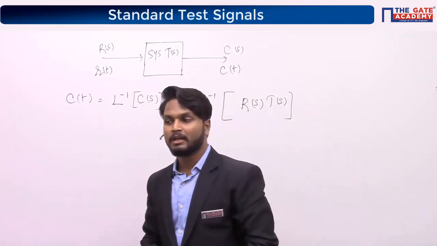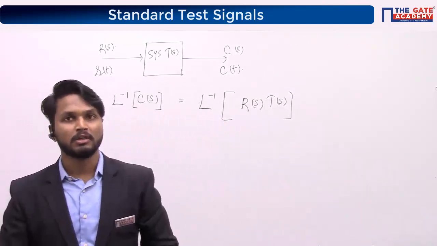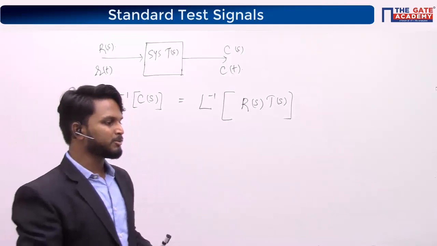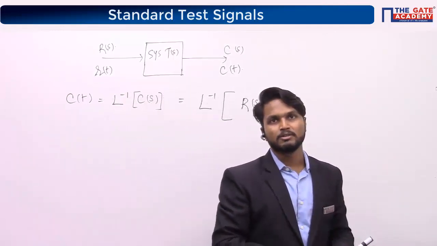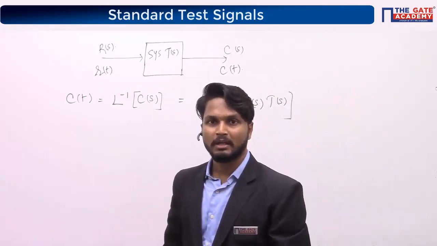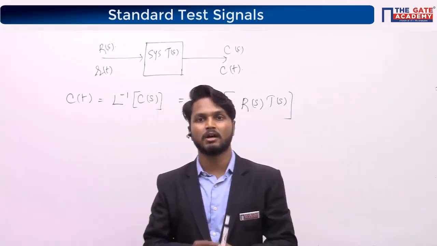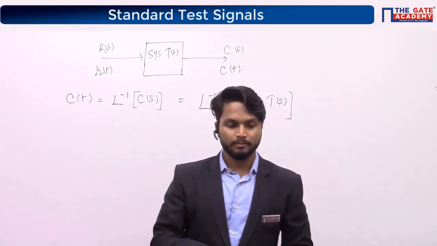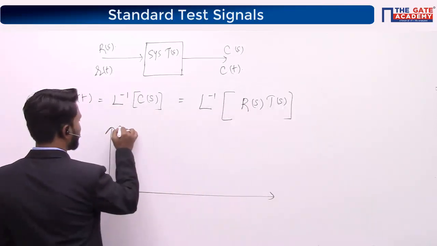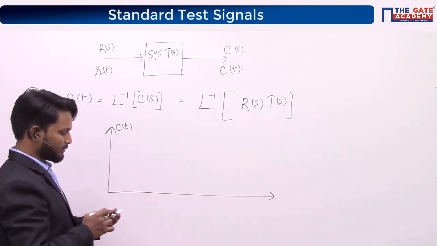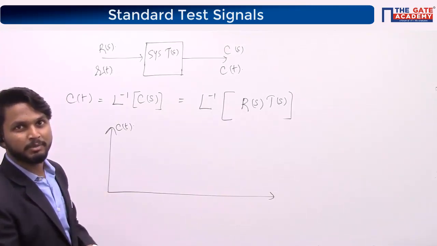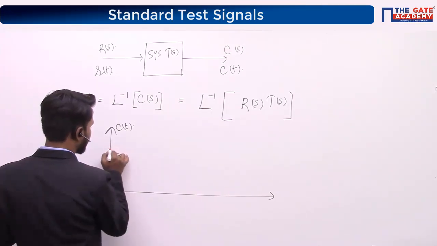If I switch on the fan just now, and the maximum speed of your fan is given to be 1000 rpm, does that fan reach 1000 rpm immediately? c(t) is the response of your fan, and 1000 rpm is the final value of your fan speed. It will take time. Yes, very good.